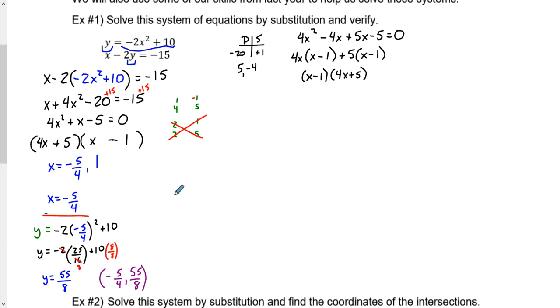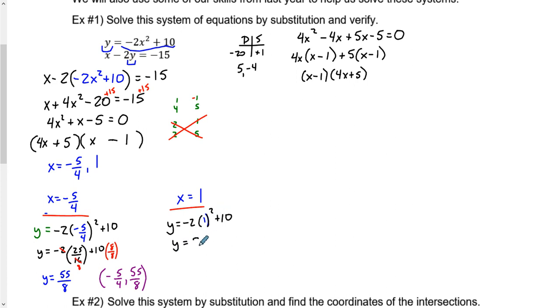Of course, the 1 is going to be a lot easier to do. So when x equals 1, solving for the y value, -2, put the 1 in, add 10. 1 squared is 1 times -2 is -2.